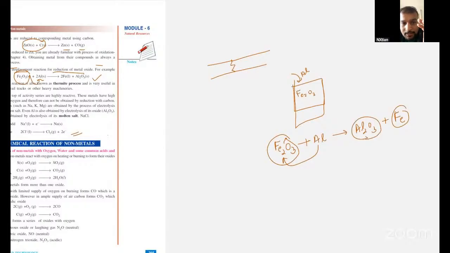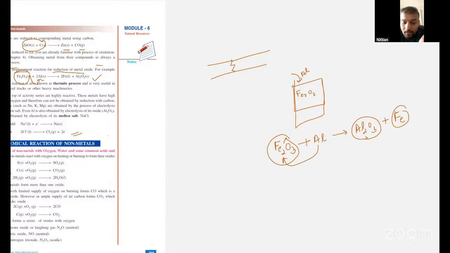Got it? So when a railway track cracks, you put this Fe2O3 in the crack and then add aluminium to it. The reaction would be that Fe would remain, but Al2O3 would be removed in the form of powder.